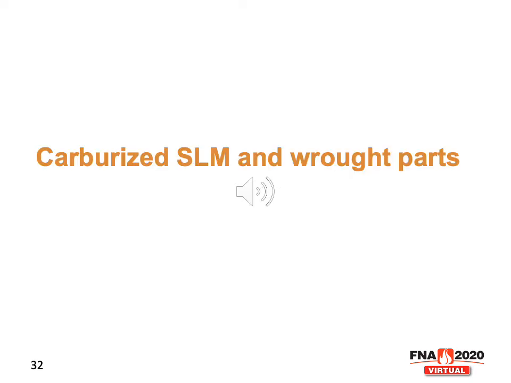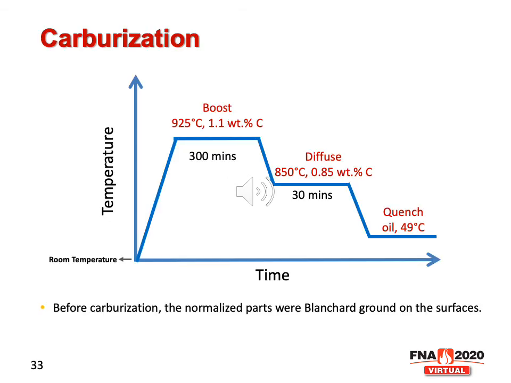In the following slides, we are going to talk about the characterization results for the carburized selective laser melted and wrought parts. As this slide shows, the two-stage carburizing process, boost plus diffusion, was used. In the boost stage, the carburizing is at 925 degrees Celsius with 1.1 weight percent carbon potential for 300 minutes.